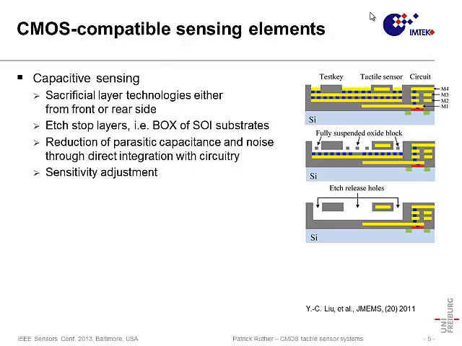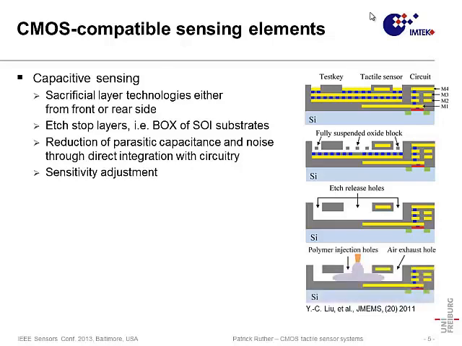Now, what can also be done, and this is illustrated in this example by Liu et al., is that they can effectively modify the stiffness of their system by injecting a polymer of appropriate stiffness into the gap between the two electrodes, and thus increase the range of applications because you modify the overall stiffness of the system.